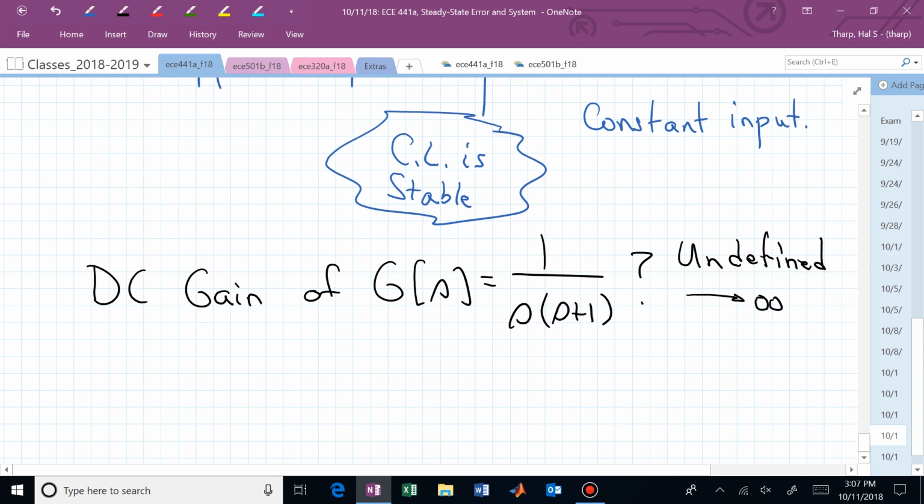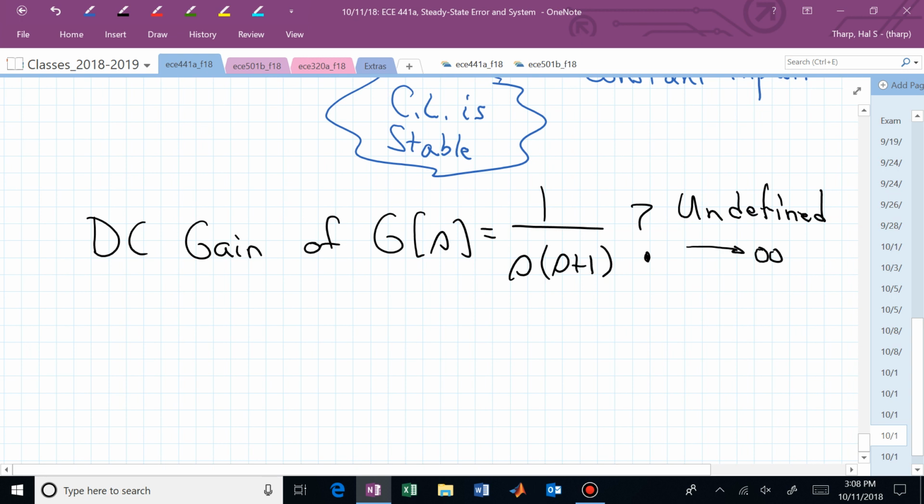Now that we have this nice behavior due to constant inputs, what happens if I put in a ramp? Or what happens if I now change the reference input to being a linear function of time, instead of just being constant?